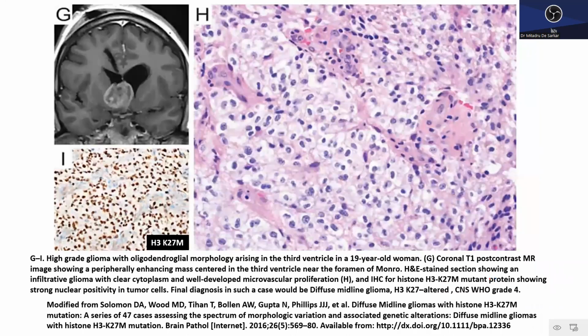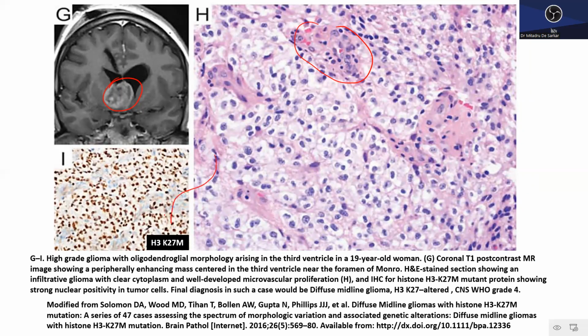In this particular case, there is again a midline glioma, which has occurred in the region of the third ventricle. Histologically, you will think of an oligodendroglioma, and because of some amount of microvascular proliferation, you will be tempted to call it a grade 3 oligodendroglioma, but you will have to do an entire workup of IDH, ATRX, and 1p/19q co-deletion. However, all those tests will turn out to be negative in this case.